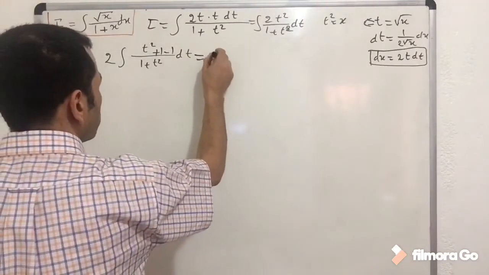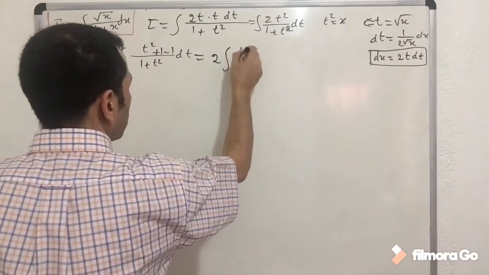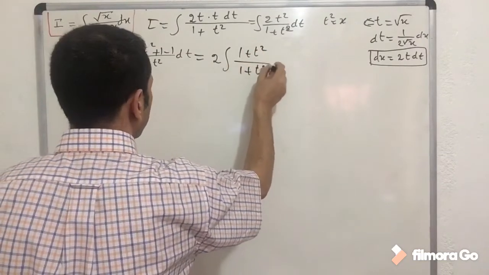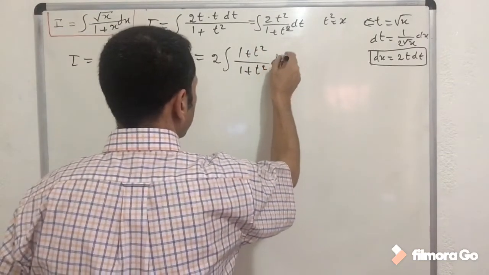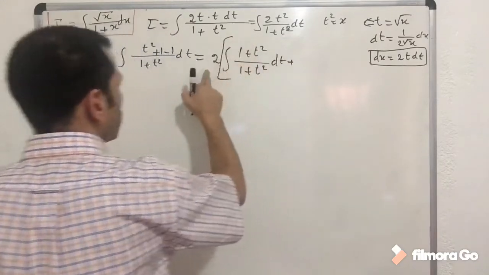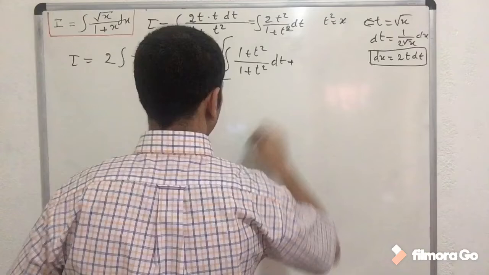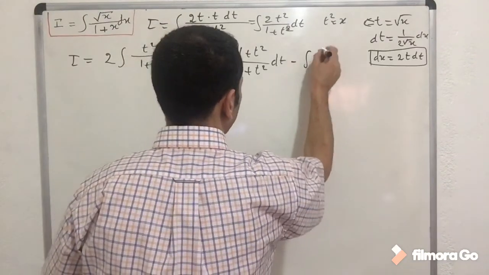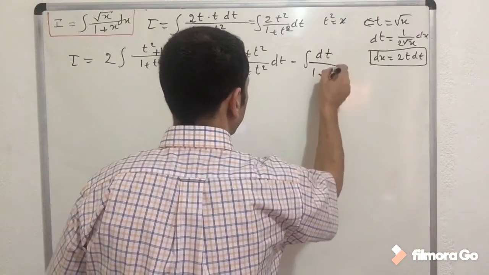So your integral becomes 2 times the integral of 1 plus t squared over 1 plus t squared dt, plus, don't forget to put the number 2 outside, and then the negative sign, the integral of dt over 1 plus t squared.